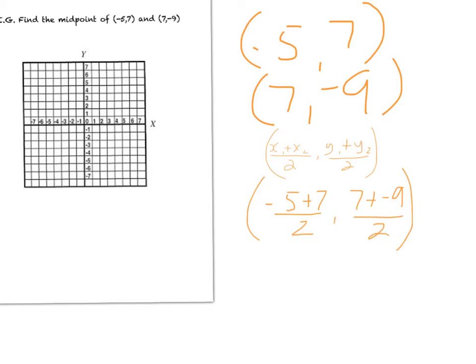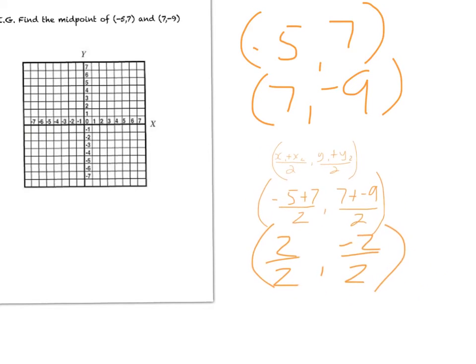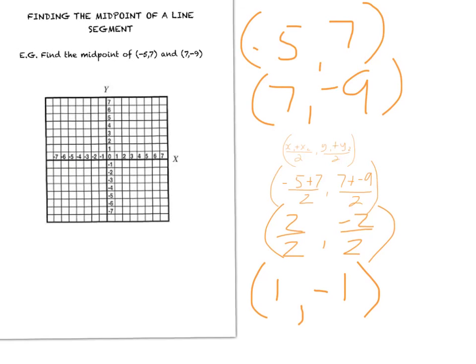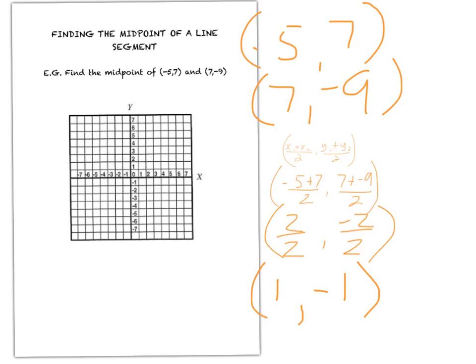So 7 minus 9 is -2, over 2, all bracketed. And we finally get 1, comma, -1 as our midpoint.